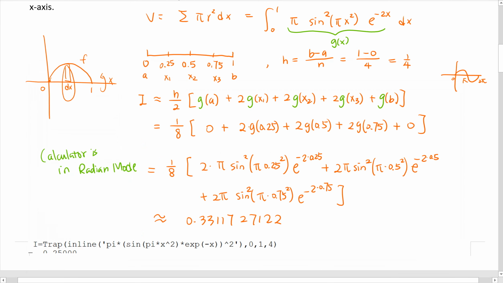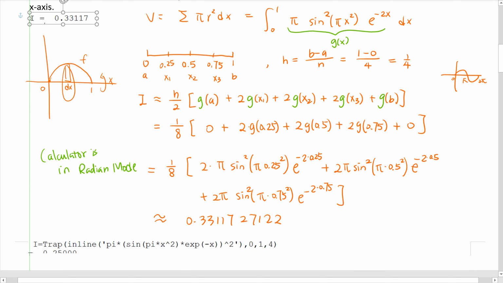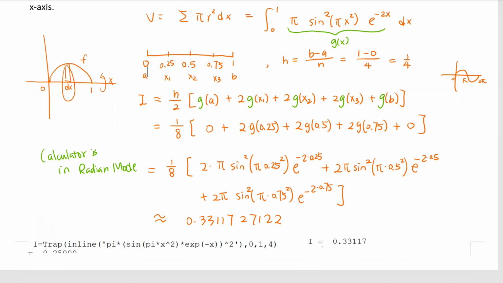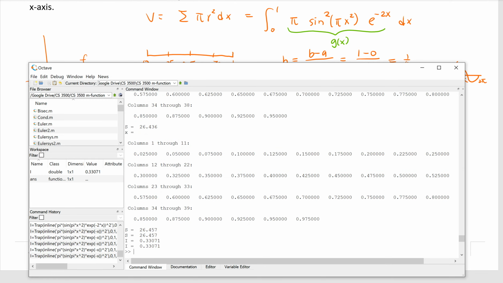Okay, so I also move it here, and you can see it matched with our numbers. And actually, if we increase to 40 steps, the answer is 0.33071. Okay, we will say this is maybe the true value up to 5 decimal places.